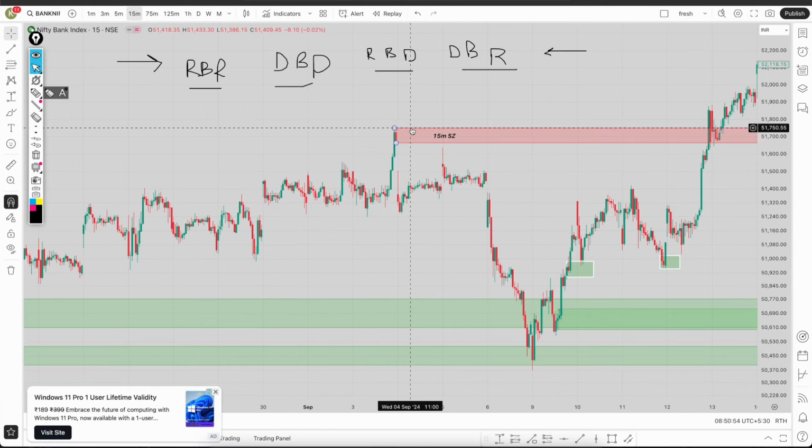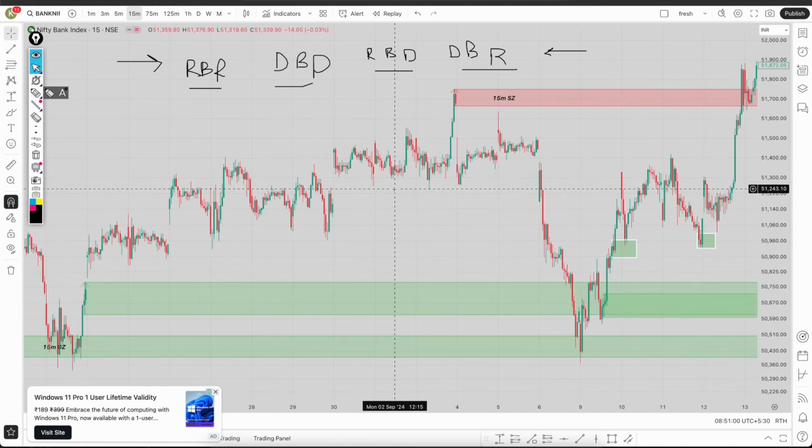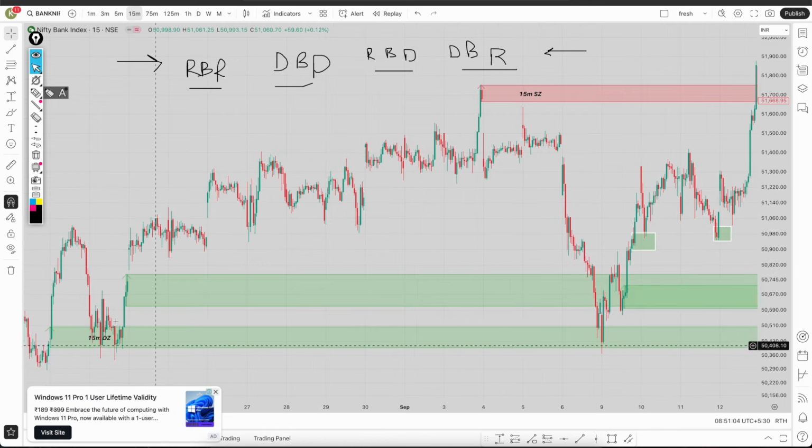So from here a big downward move was seen, and why this move happened we'll understand now. From this zone the market started to rise again. The institutions were adding new orders in this particular zone.